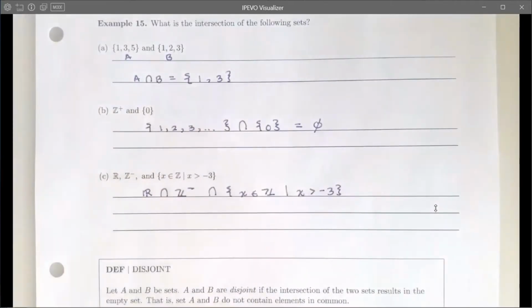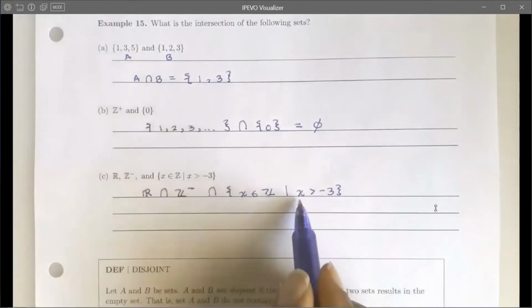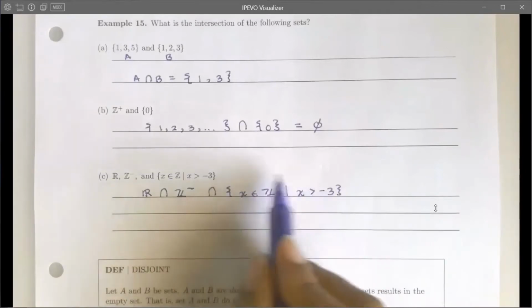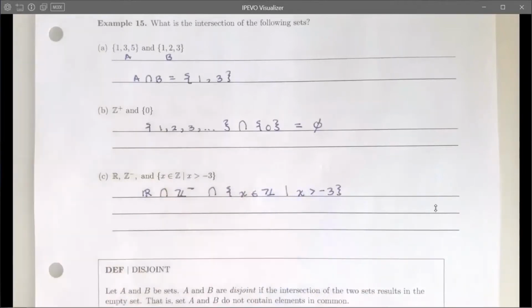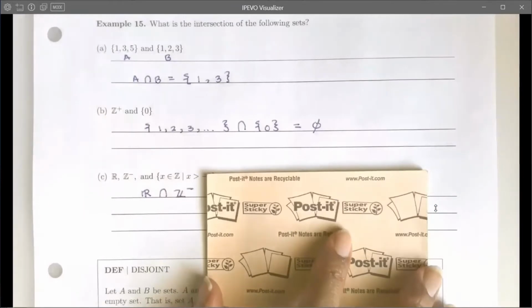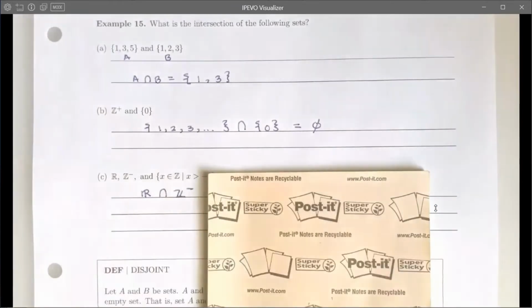So essentially we're looking at integers -2, -1, 0, 1, 2, so on and so forth in this third set. So the way that we can attack this problem is focus on one intersection at a time. So what I mean by that is we can focus just on the reals intersecting the negative integers.